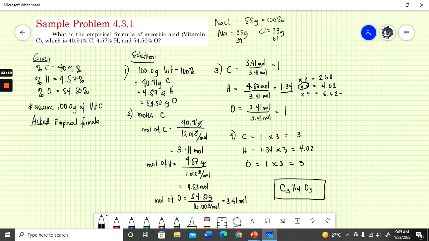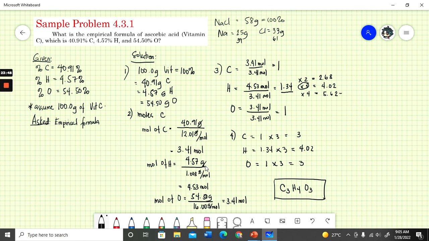And what you want to do next, after identifying each grams of your element, is to find how many moles of each element you have by taking the atomic weight, or basically the molar mass of your specific element. Again, you can find this at the bottom number of the periodic table of the elements, and take the grams from our given and divide it by their molar mass, and you would find each individual mole for each element.